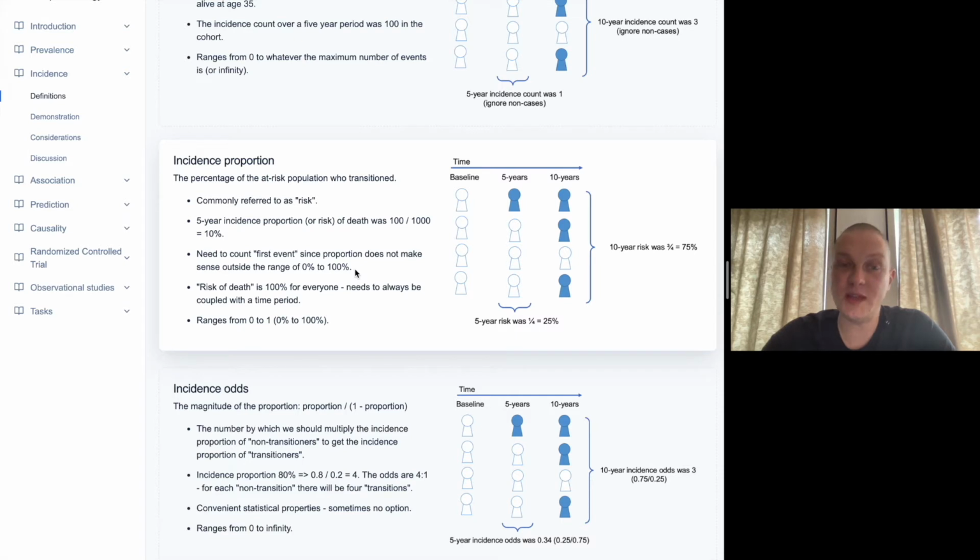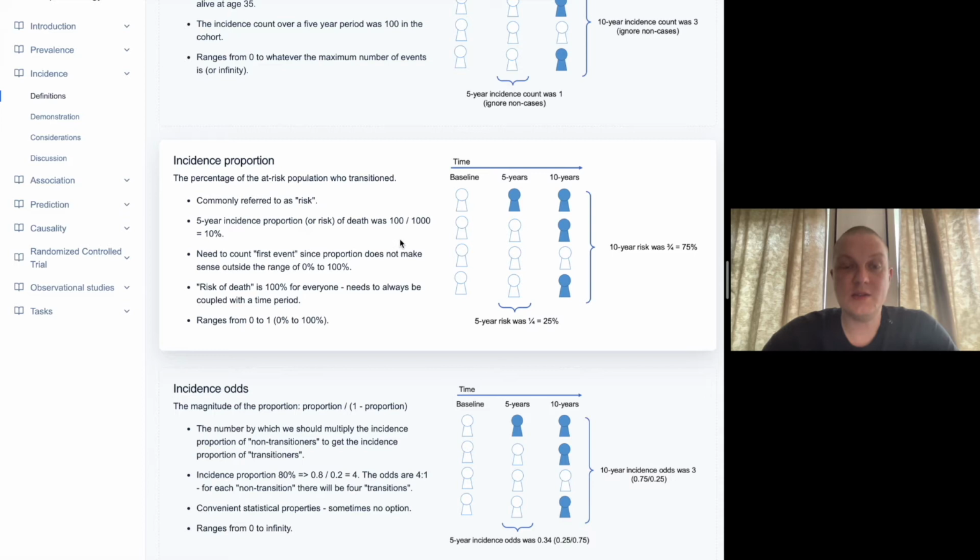If you're going to use the incidence proportion for factors which could occur multiple times, then you need to also decide, are you going to count the first event or what are you going to count as the transition?